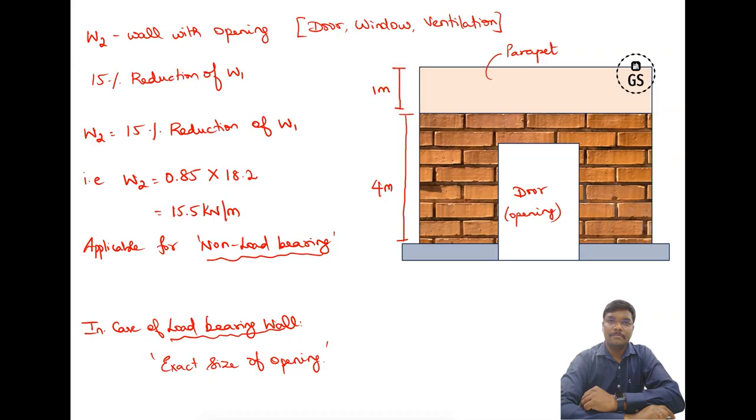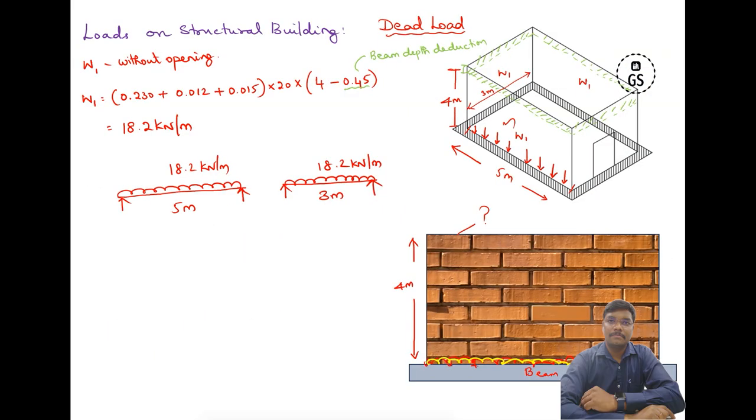So what you have done in the W1, where you used 4 meter, you need to replace this with 1 meter. Just replace this with 1 meter, but there is no beam deduction. There are no beams, so no slabs after the terrace. So we need to put that value as 0.